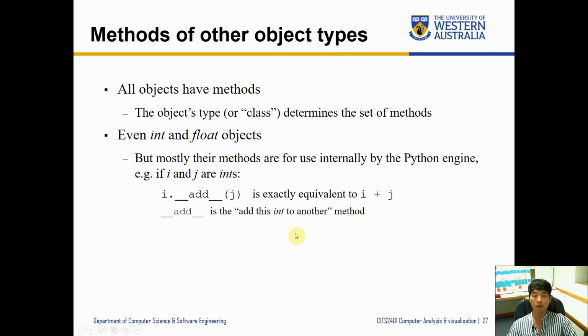Okay, one of the most important methods are the ones that start with the double underscores, right? So these are the methods that are used internally by the Python engine. So for example, if i and j are ints, we can use i.__add__(j), which is exactly equivalent to i plus j.